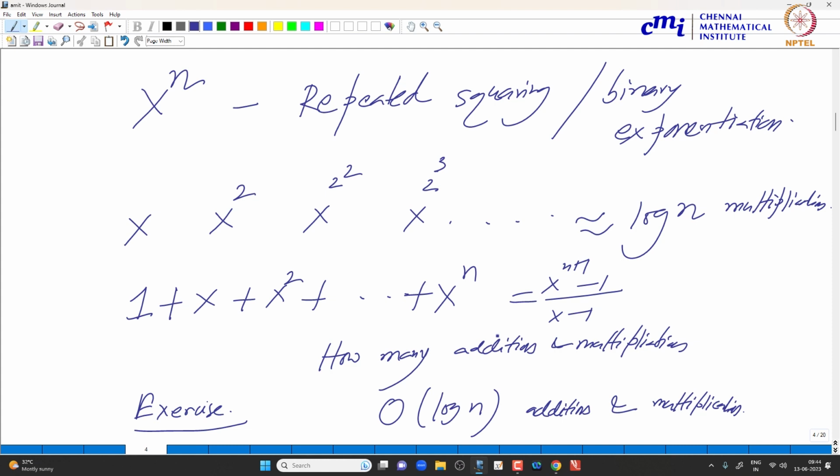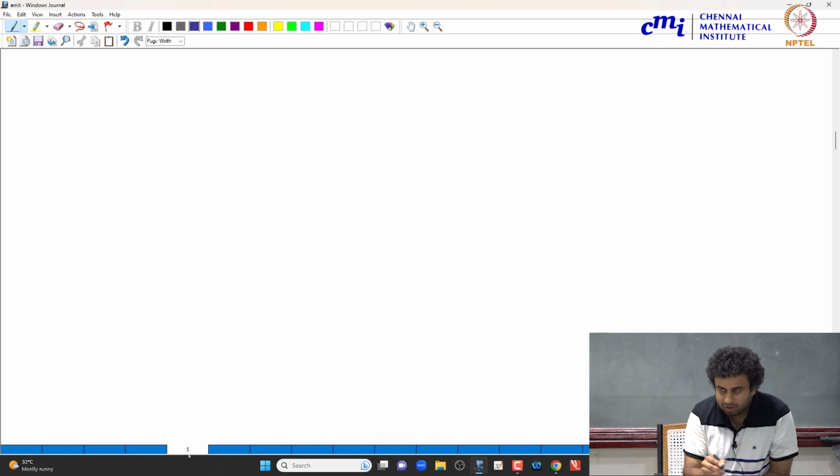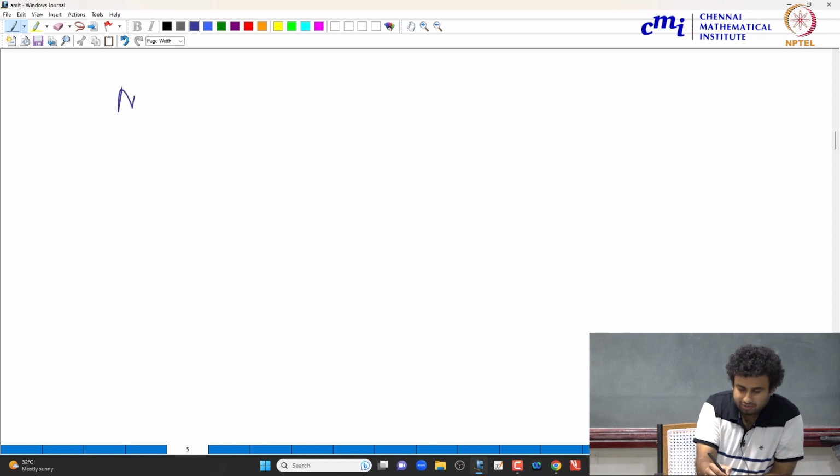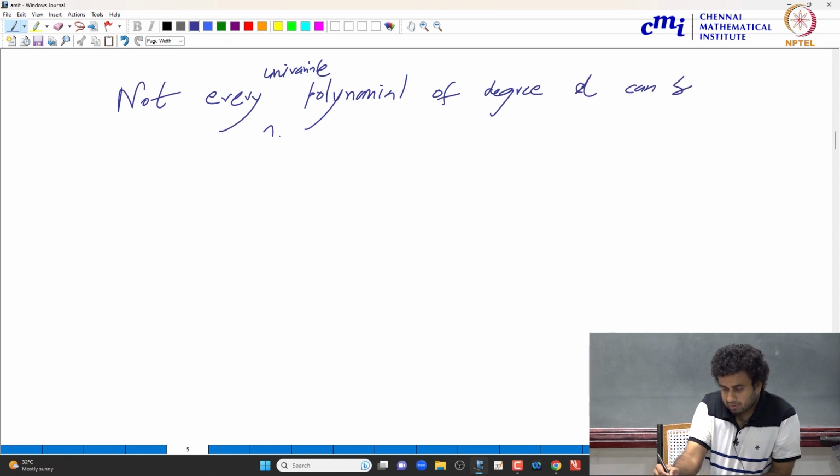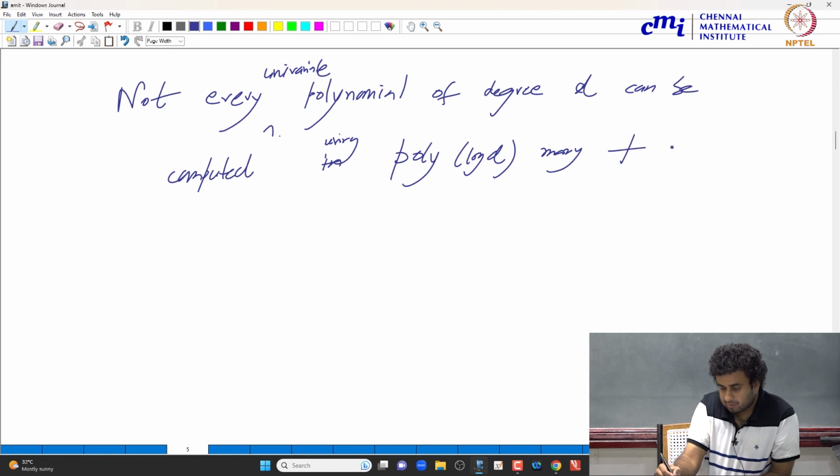But you cannot expect that every univariate polynomial of degree d can be computed using polylog d many additions and multiplications.